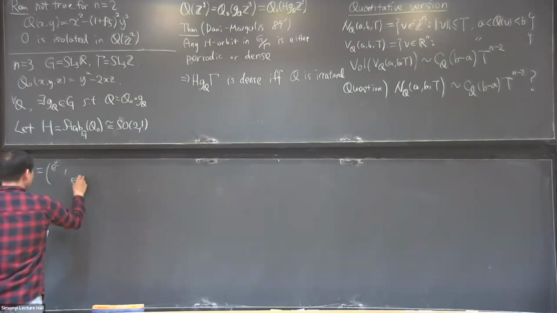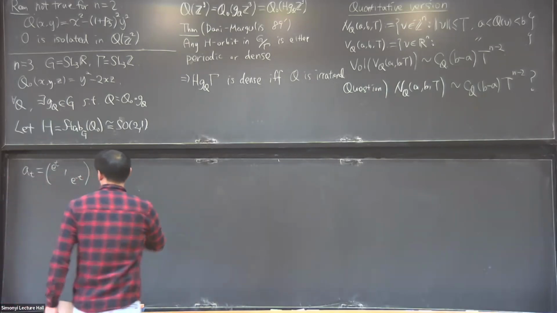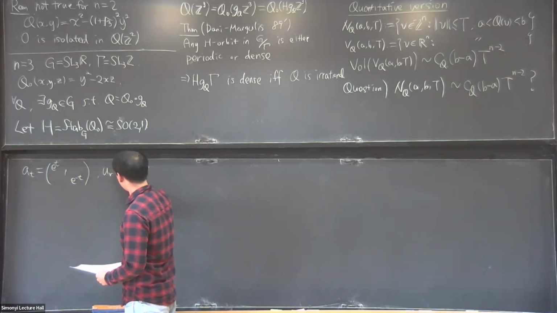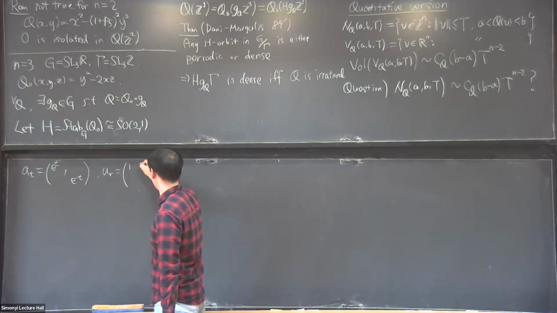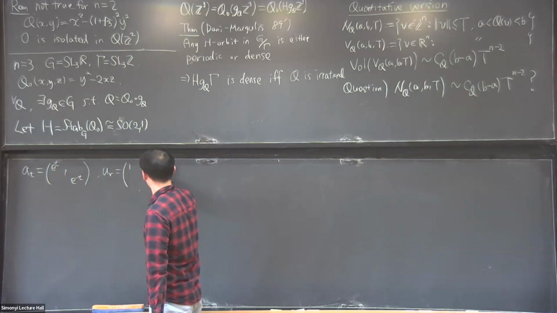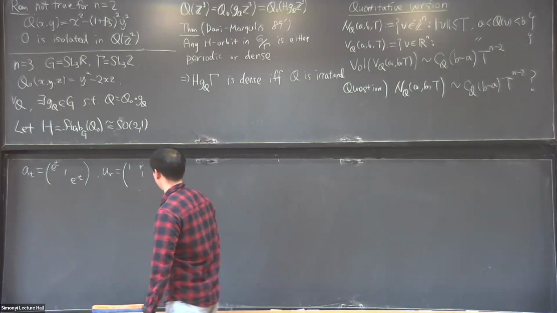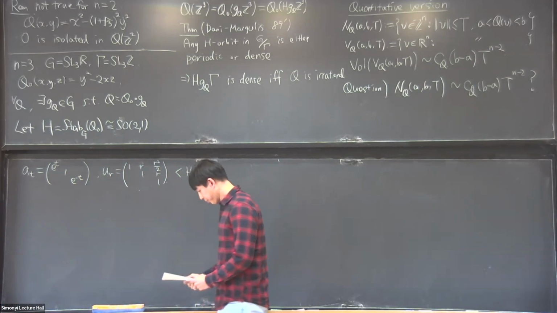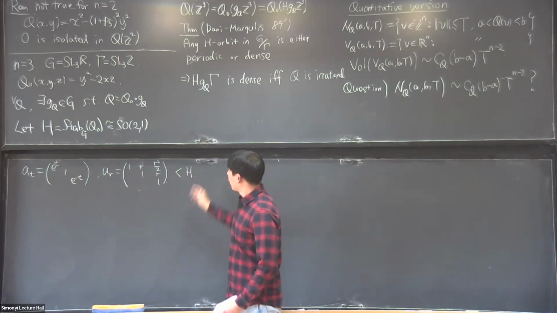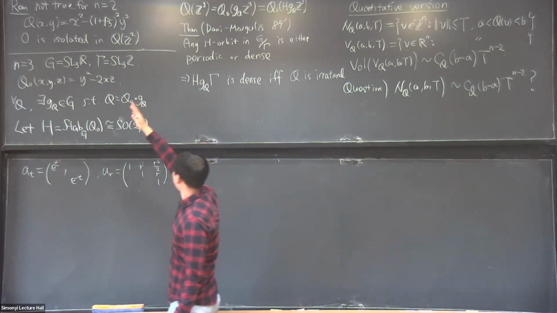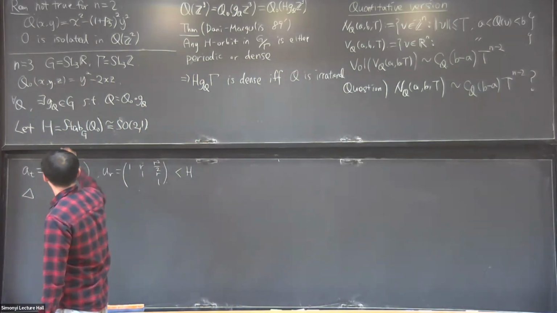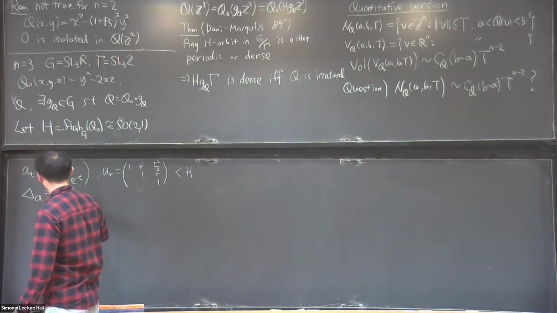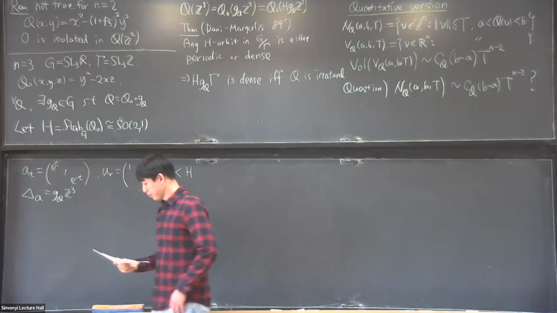Let me take a diagonal subgroup of H given by e to the t, 1, e to the negative t, and take a unipotent subgroup 1, r, r squared over 2, like this. These are contained in the subgroup H. And for simplicity, let me write the associated lattice as delta Q.